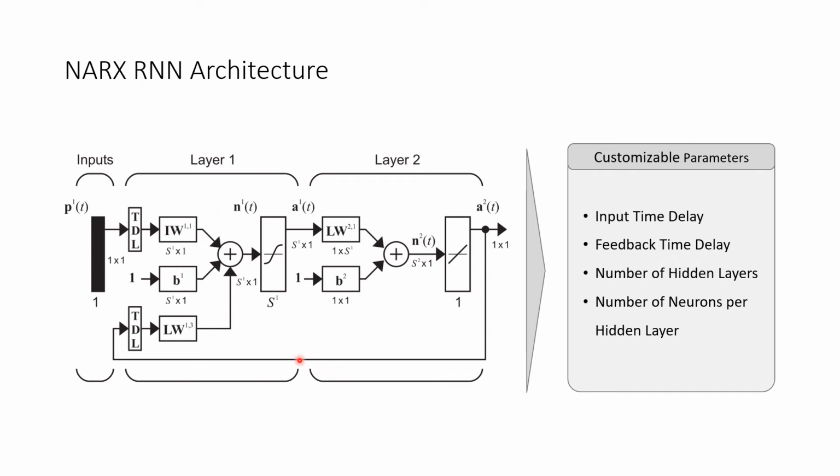What you can see here is a one hidden layer neural network, but the number of hidden layers is also a parameter which needs to be optimized, as well as the number of neurons per hidden layer, and of course the time delays of the input and feedback.